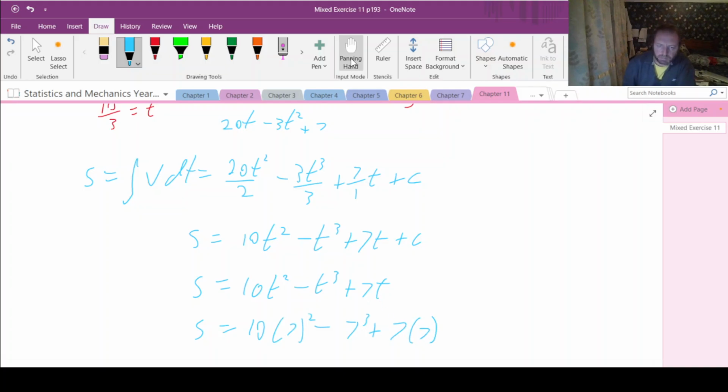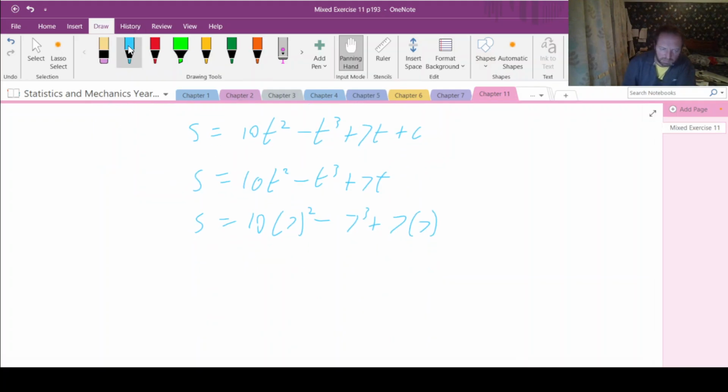That gives us 490, and 7 cubed is 343, plus 49. So 490, take away that one, add 49, gives us a distance of 196 meters.